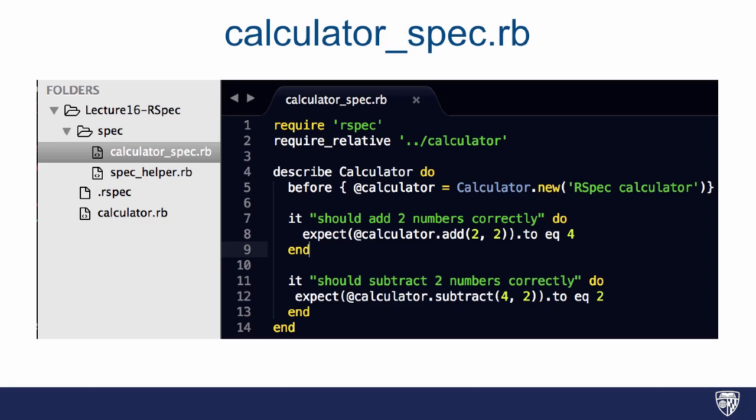Whereas in Minitest you have expected, which would be 4, what we expected, on the left, and the actual on the right. In RSpec, which I think is a little more English-like, a little more flowy in how it specifies it, you say expect calculator add 2 plus 2 to equal 4, or expect calculator subtract 4 and 2 to equal 2. And RSpec in general is much more intuitive and much more English-like.